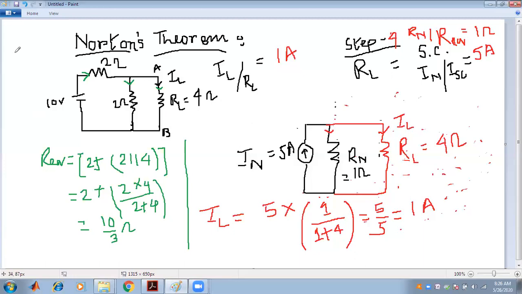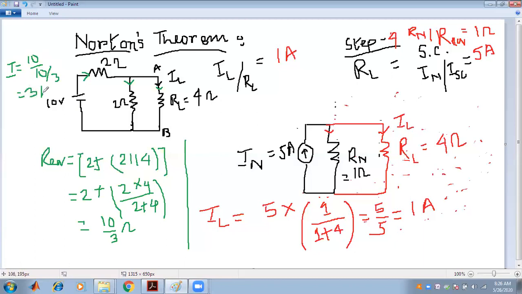So what is the current? The current flowing through the circuit is V by R, that is 10 by 10 by 3, which means the current flowing will be 3 ampere.